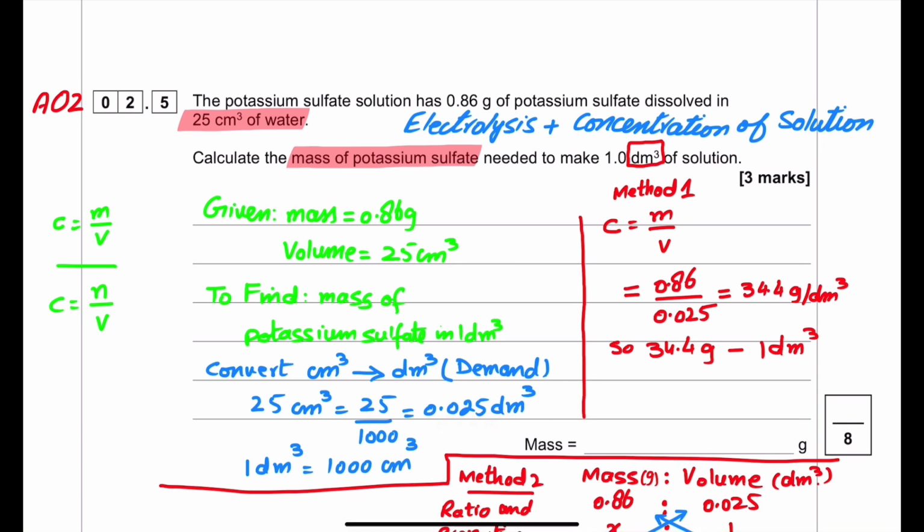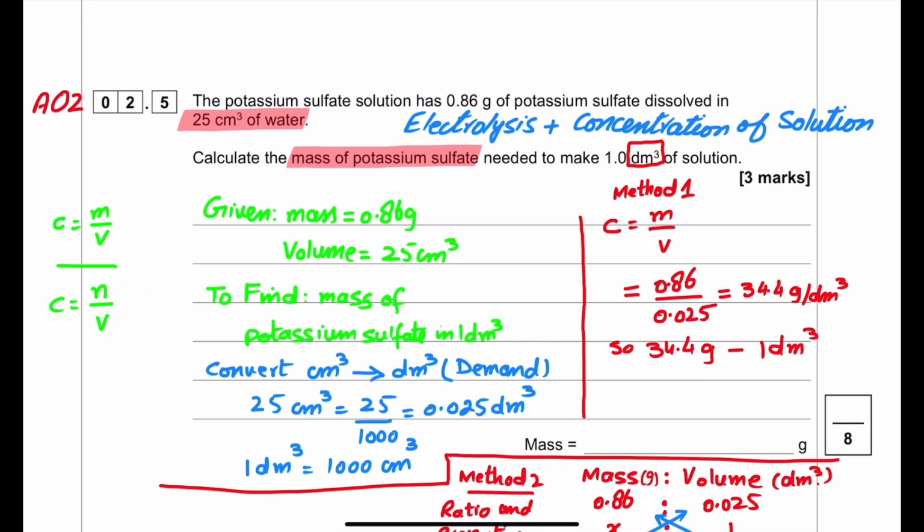Calculate the mass of potassium sulfate in 1 dm³. So we need to find the mass dissolved in 1 dm³. This is actually the concentration of a solution. We have two formulas for the concentration. The concentration is equal to mass over volume. Or concentration is equal to moles over volume.